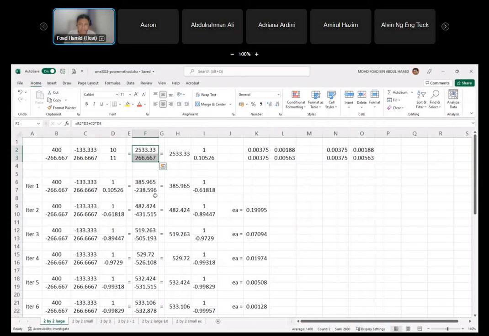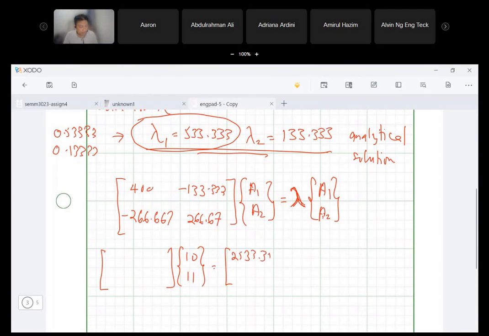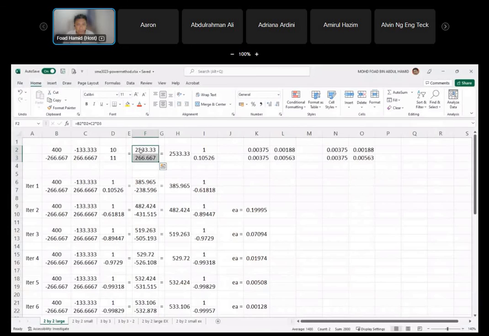So what I did here is I get this value, 2533.33, 6.667. And then I just factor out the largest between these two.